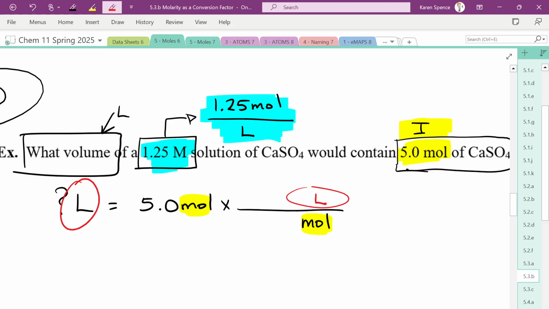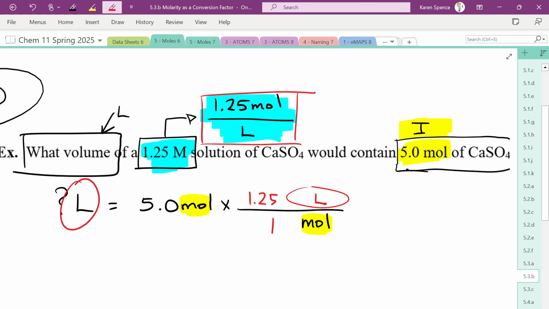Now, we are told we have 1.25 moles per liter. Unless you are really good at doing this in your head, write that down just like that so that you don't accidentally do this. Don't do it, right?